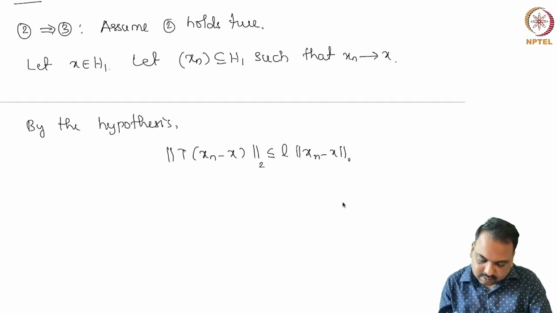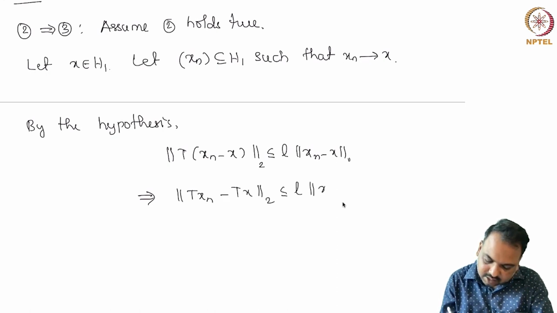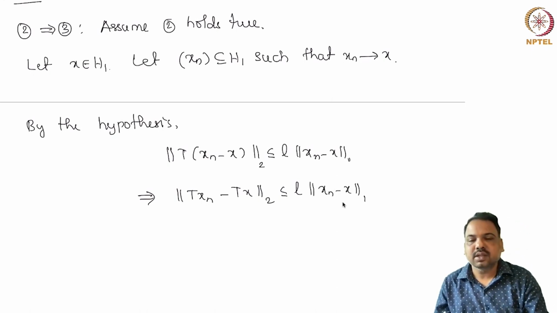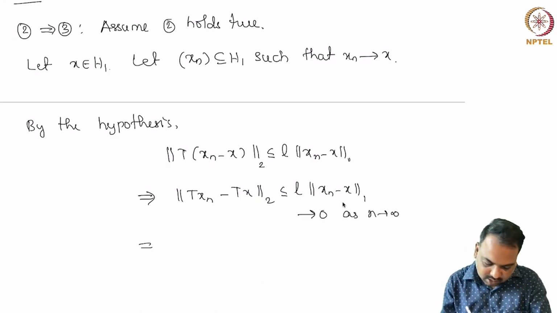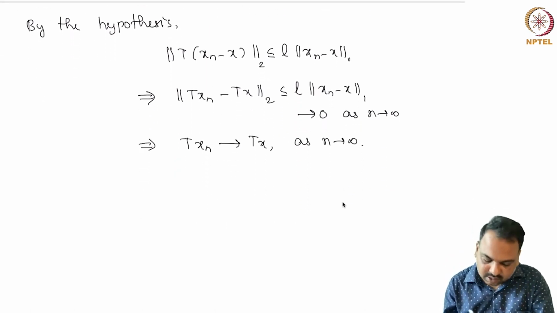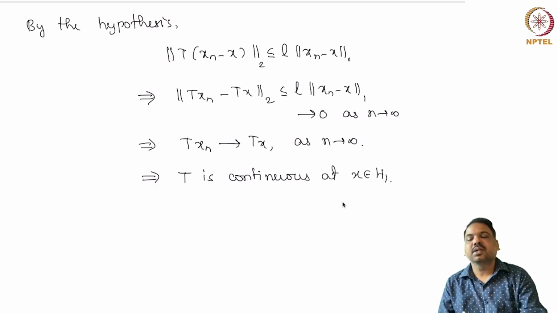So this implies the norm of Txn minus Tx is at most L times the norm of xn minus x. This is in 1 now. We know that xn converges to x, so this converges to 0 as n tends to infinity. So this says that Txn converges to Tx as n tends to infinity. From this we can conclude that T is continuous at x in H1.